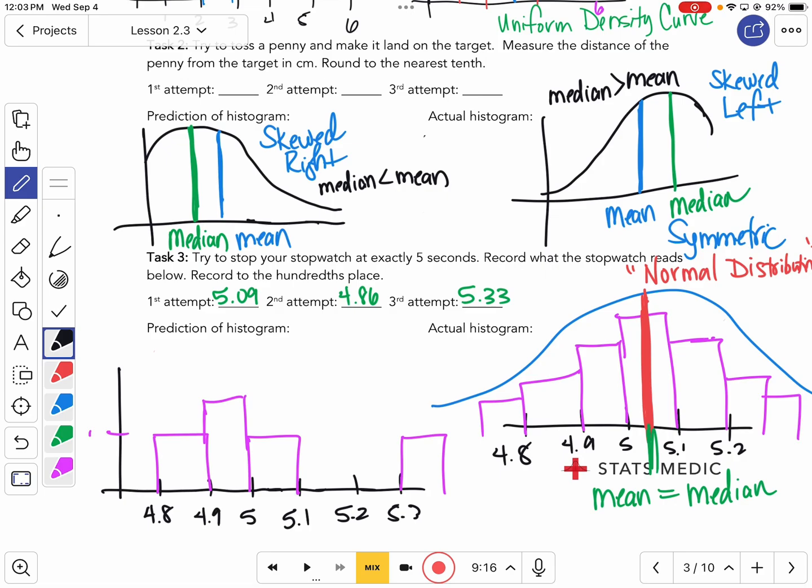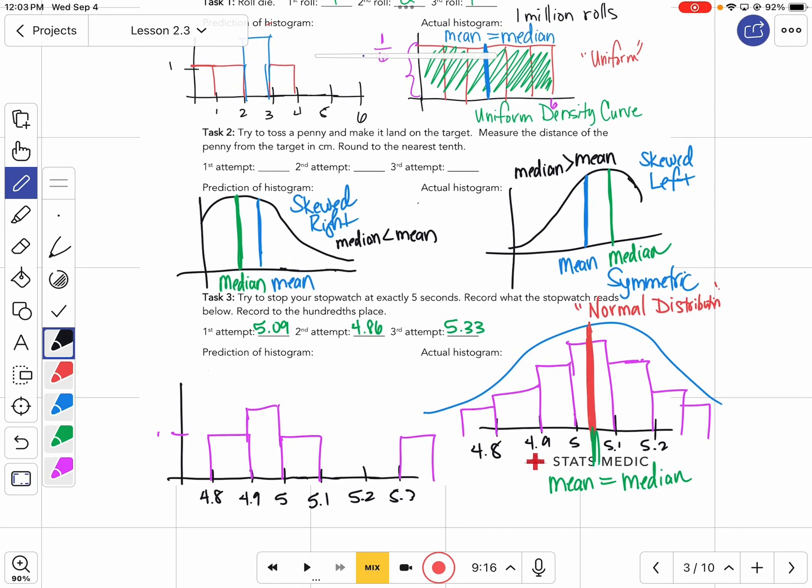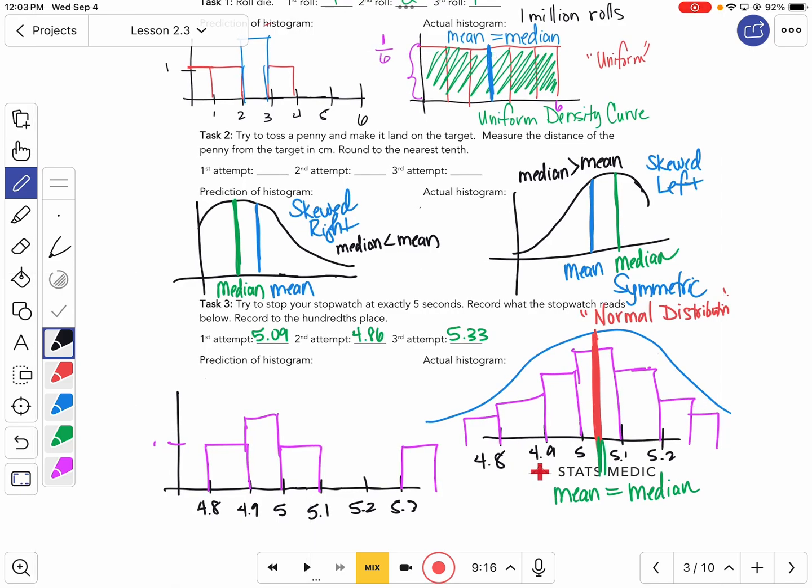When we have something that's uniform, like we did up there at the top, okay, one of the things that we can do is we can calculate area, all right, that's shaded in. So if I know it goes out to 6, and the height is 1/6. How do we do area of a rectangle, by the way? Length times width. What happens if I take 1/6 times 6?